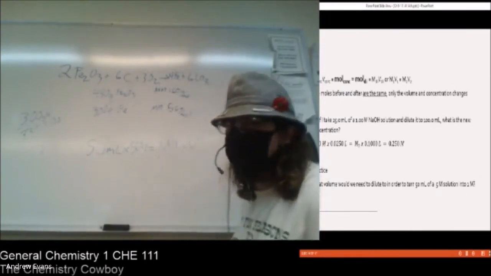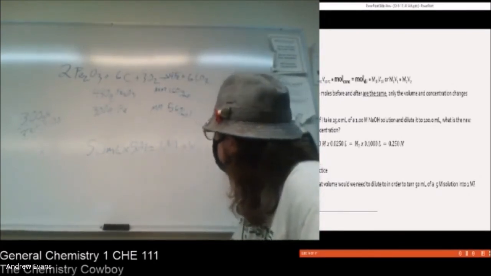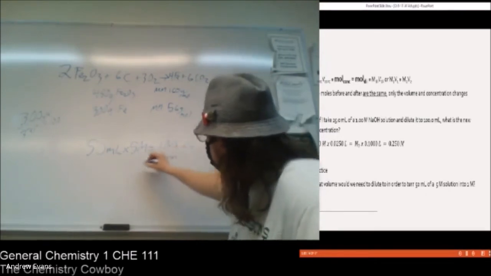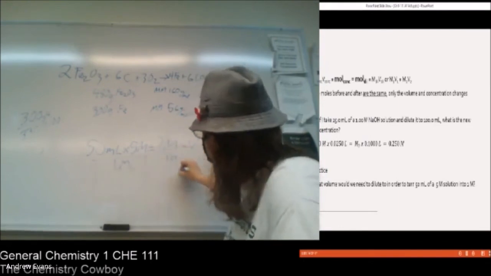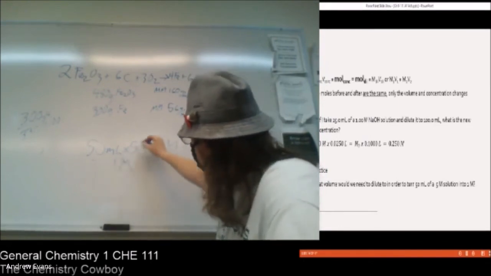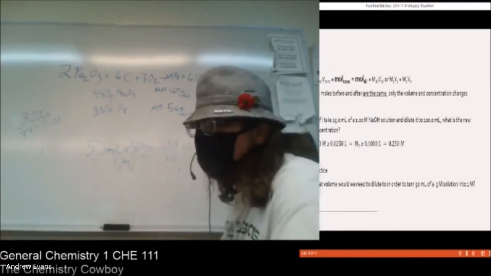I'm solving for my volume, so I'm going to divide both sides by 1M. M and M cancel out.